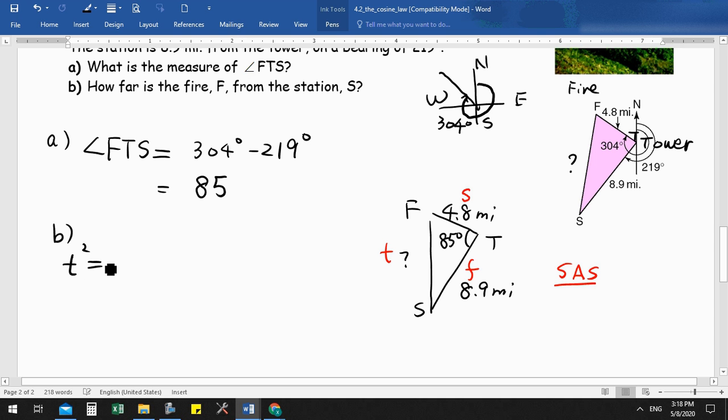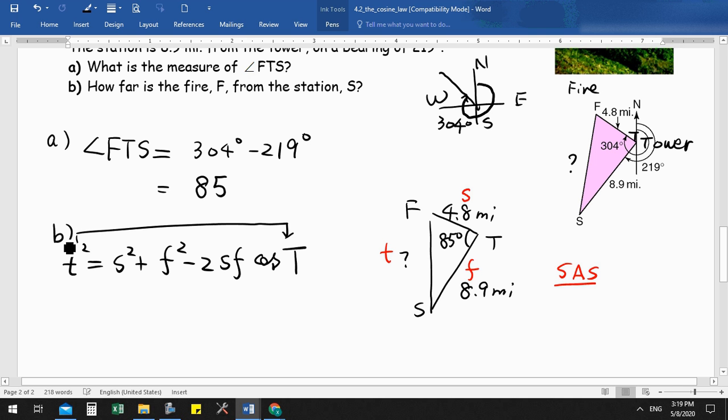So t squared equals the other two sides squared, added together, then minus double the product of the other two sides times each other, then times the cosine of the angle. The cosine angle will be paired with the side by itself.